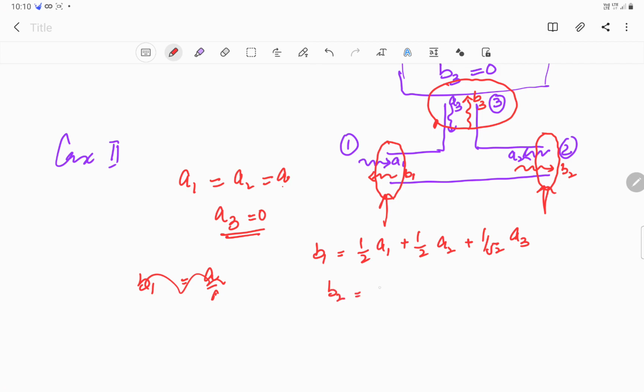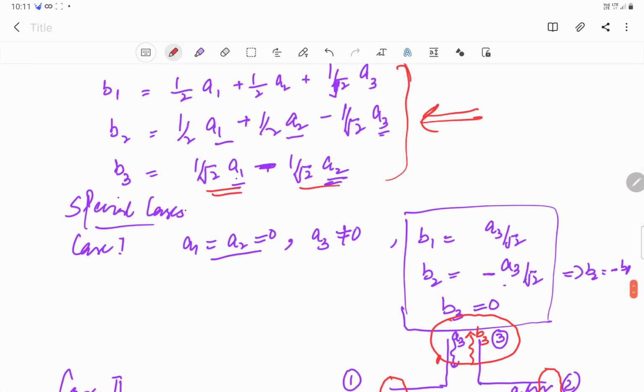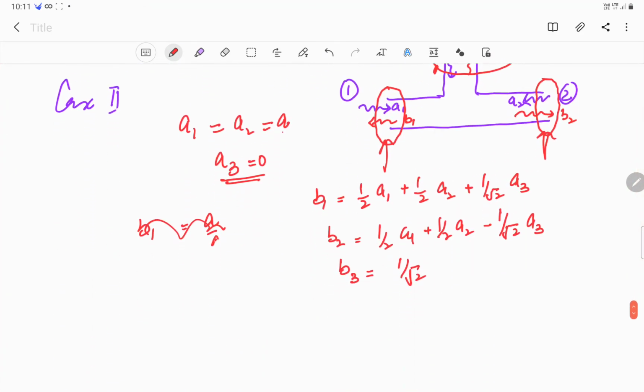B2 is 1 over 2 A1, 1 over 2 A2, this is what we have obtained, 1 over root 2 A3. And our B3, as we have seen, is 1 over root 2 A1 minus 1 over root 2 A2.